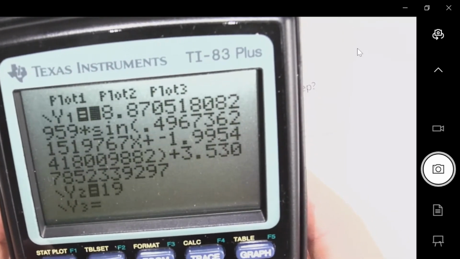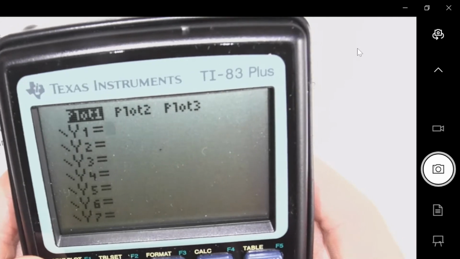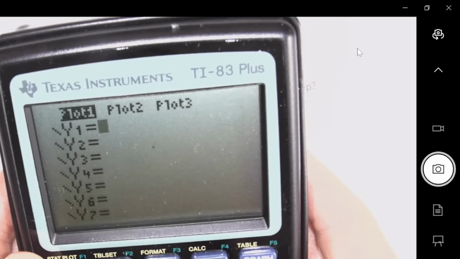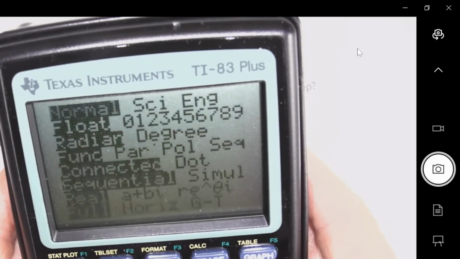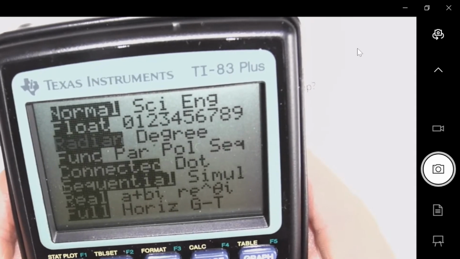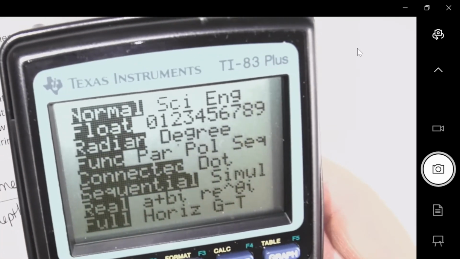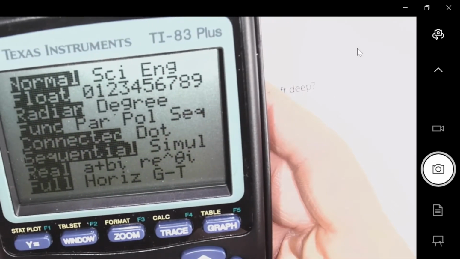Okay, y equals, I gotta get some stuff out. Activate your plot. You know what, we need to check. I gotta go to my mode here. You are gonna have to be in radian mode. Remember yesterday we talked about you could be in degrees or radians? You're gonna have to be in radian mode when you're doing these stat edits, okay?